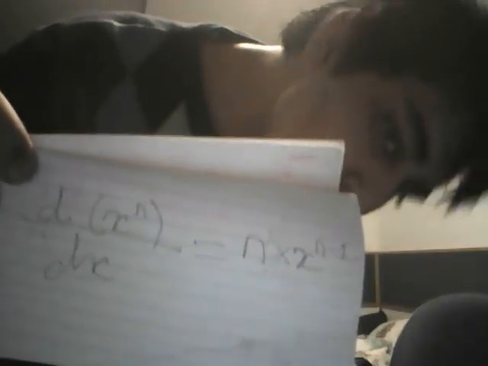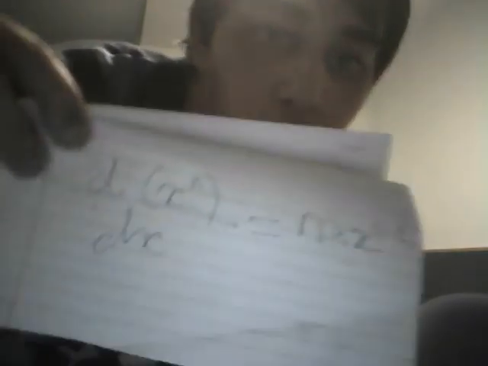The power of x is actually 1 less than the power it initially had. So it is just n x to the power n minus 1. d of x to the power n over dx gives you n times x to the power n minus 1.